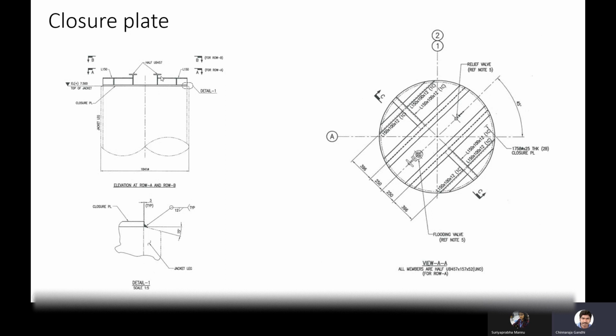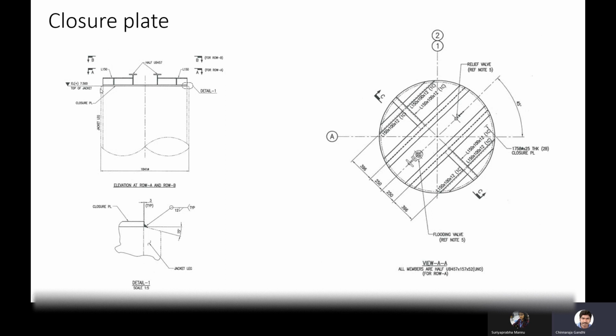This closure plate will be there on each leg. If it is a 4 leg jacket, 4 plates will be placed. If it is an 8 leg jacket, the closure plate will be placed on each. Basically, if you are going for an 8 leg jacket, most probably you will not have enough buoyancy, because with an 8 leg jacket you need more positive buoyancy.